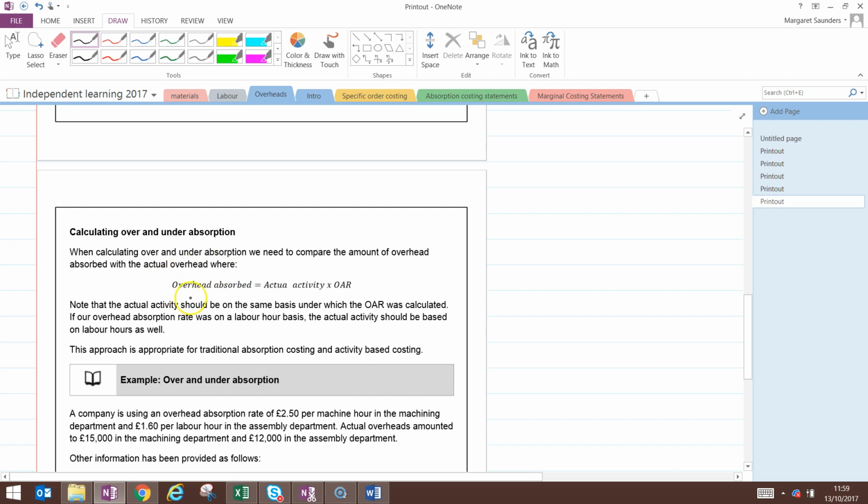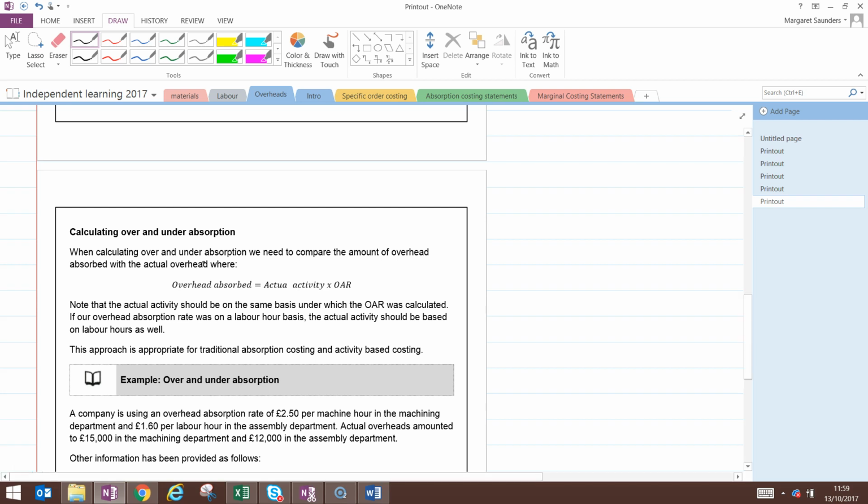That gives you the overhead absorbed, or the overhead that you are going to add to your prime cost. You then compare your overhead absorbed to your actual overheads and calculate any under or over absorption.